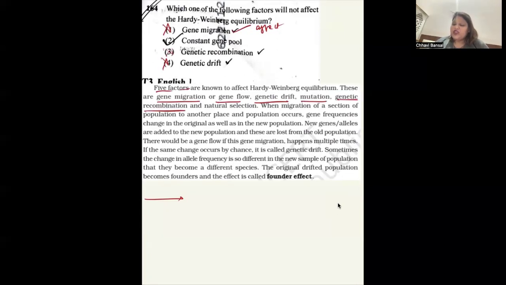So if you read only 2 or 3 lines on Hardy-Weinberg equilibrium, you will know our correct answer is option 2. A constant gene pool means no big change has been brought in the population, so it will not affect the equilibrium. It will help in maintaining it. Okay. This is very easy, but an important question.